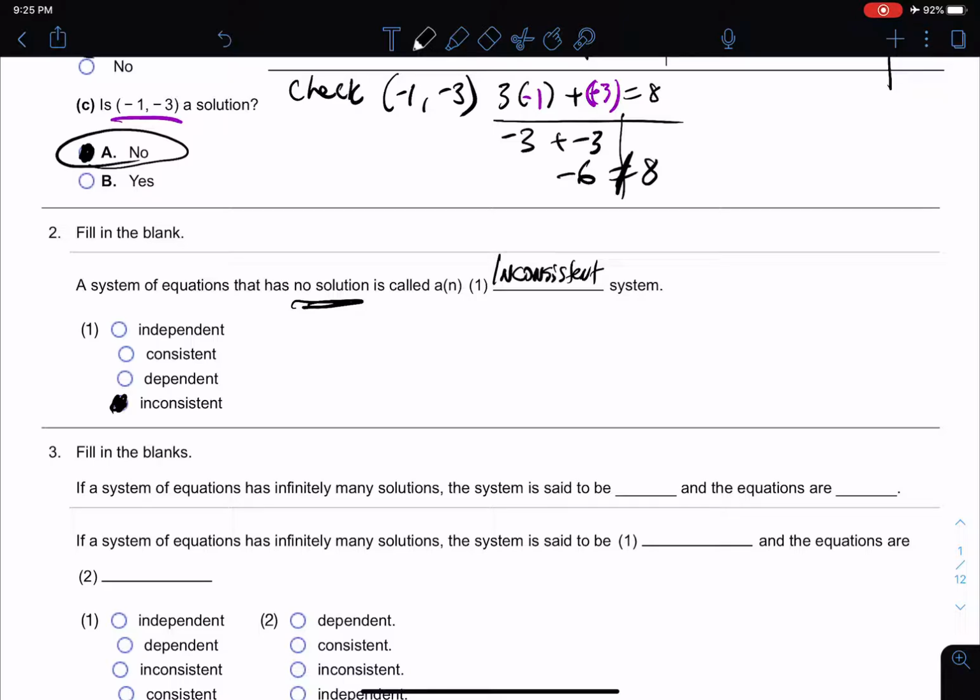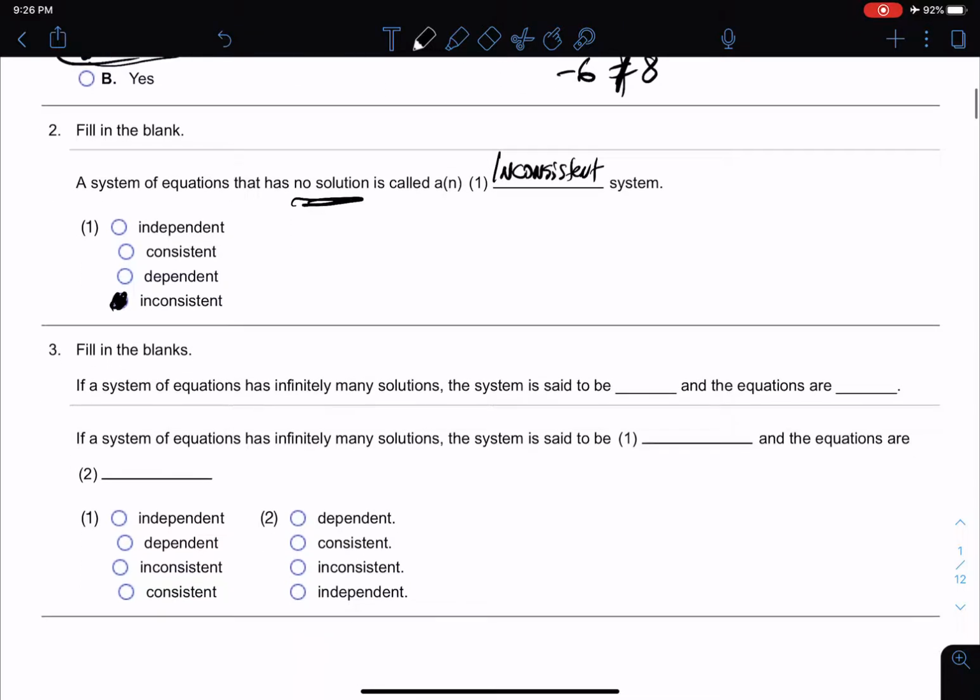So now, next question says, fill in the blanks. If a system of equations has infinitely many solutions, the system is said to be what? So if it has infinitely many solutions, first of all, consistent means that it has an answer, so it's consistent.